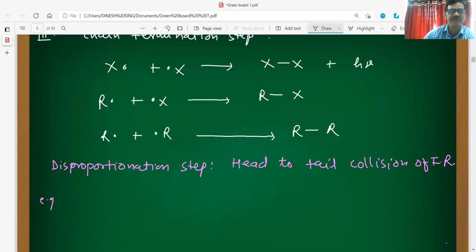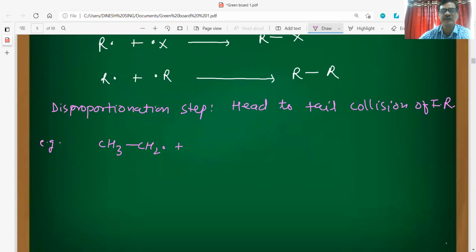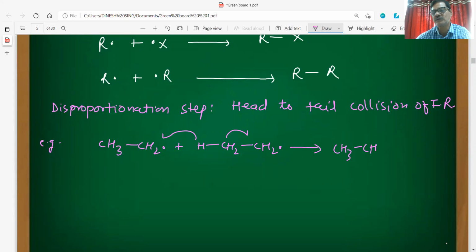So for example, suppose this radical CH3CH2 dot is colliding to the rear side of another free radical CH2 dot, then what will happen? This will take hydrogen from here through homolytic bond cleavage, and this will give electron to this. So we will get CH3 plus CH2=CH2.